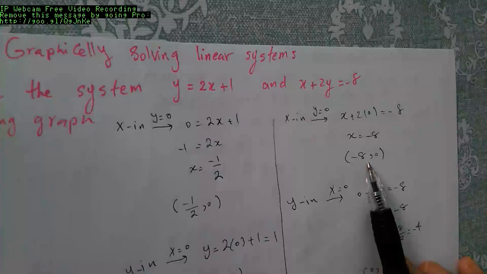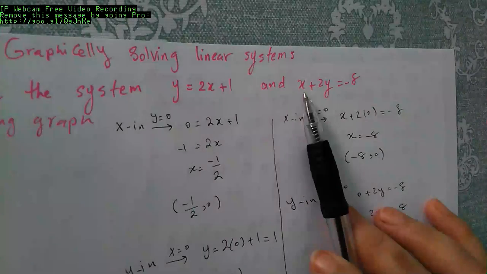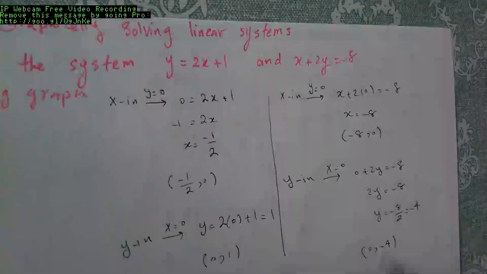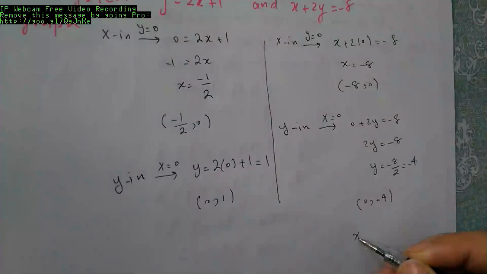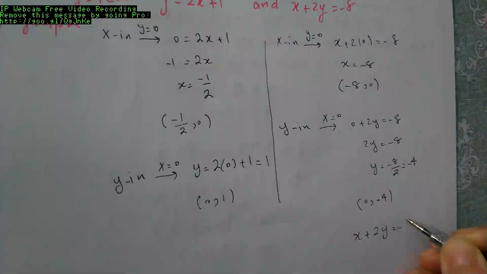Let's say instead of x, I put -2. My relationship is x plus 2y is equal to -8.